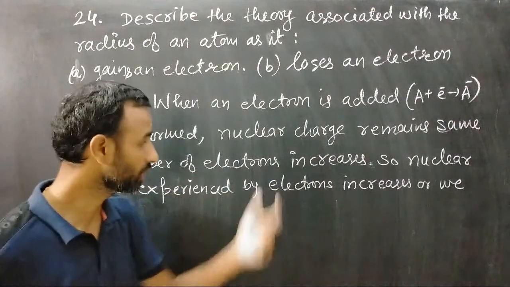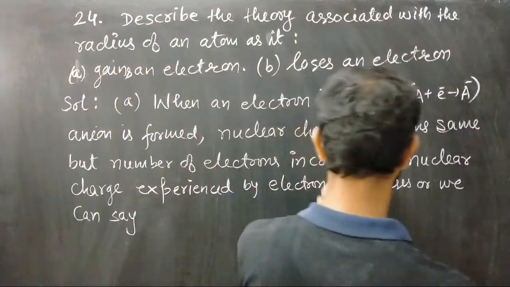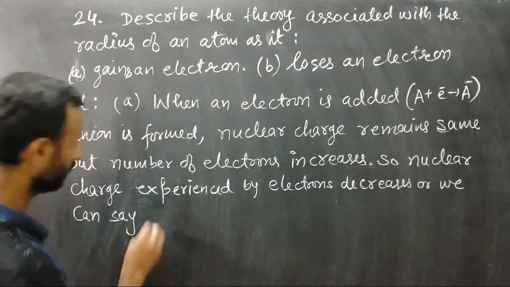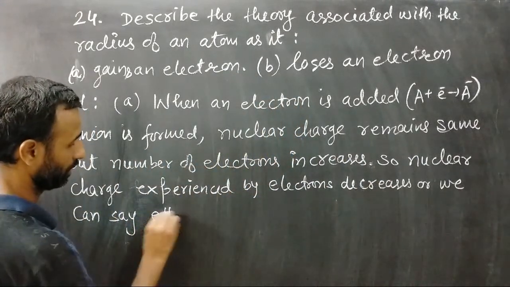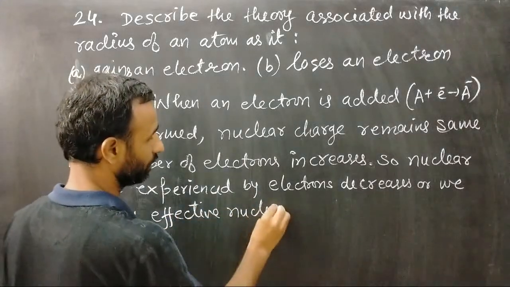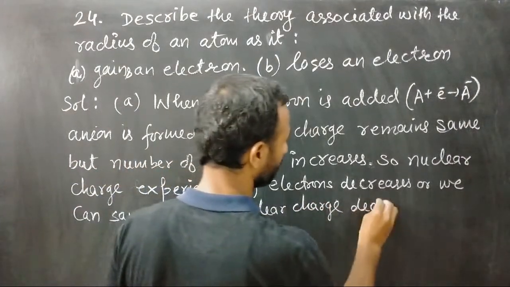Number of electrons increases, so nuclear charge experienced by the electrons decreases, or we can say effective nuclear charge decreases.